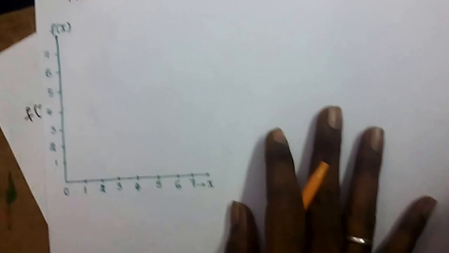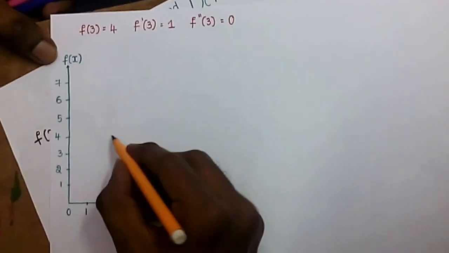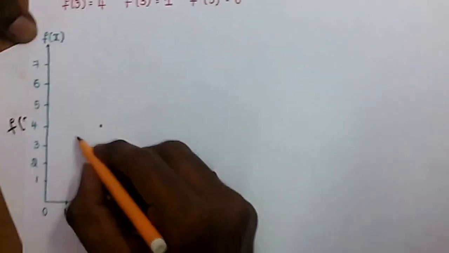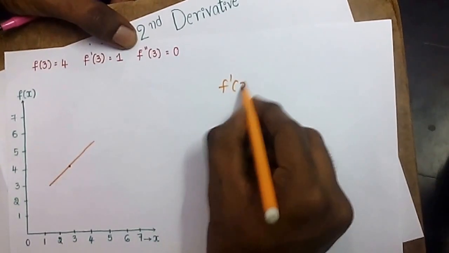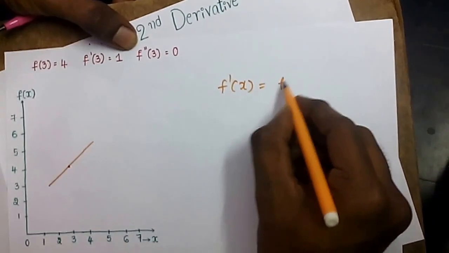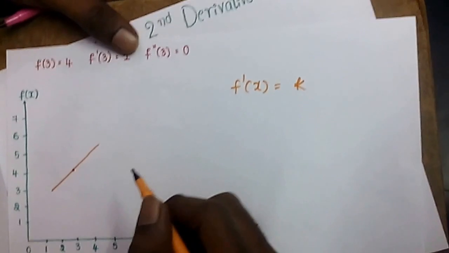And let's look at the last case where f double prime of x is 0. So let me plot 3 comma 4, f prime of 3 is 1, right? Because f double prime of 3 is 0, f prime of x is some constant around x equal to 3.